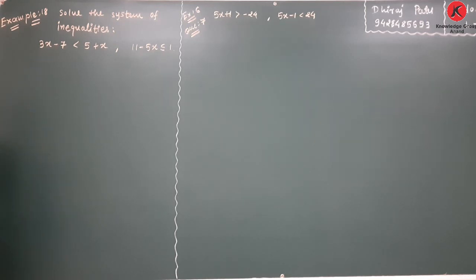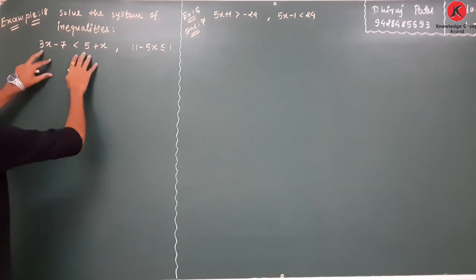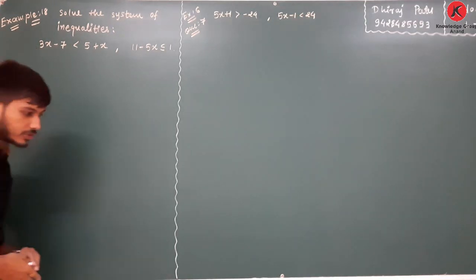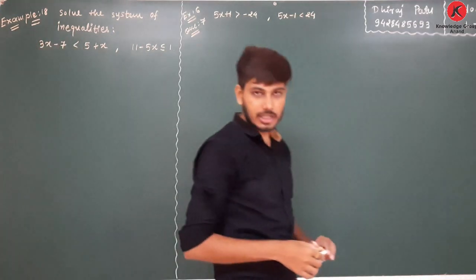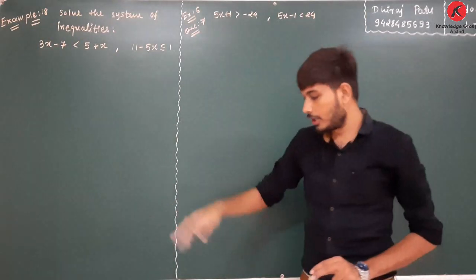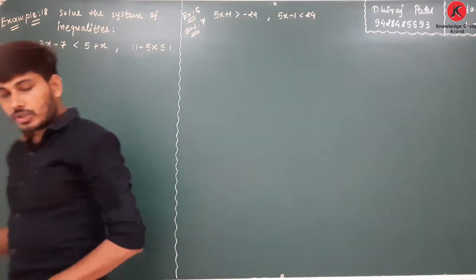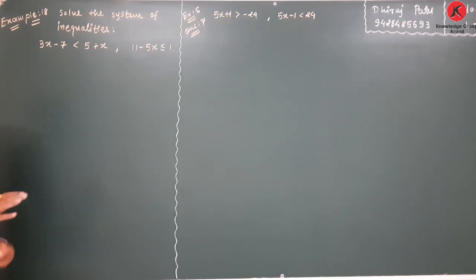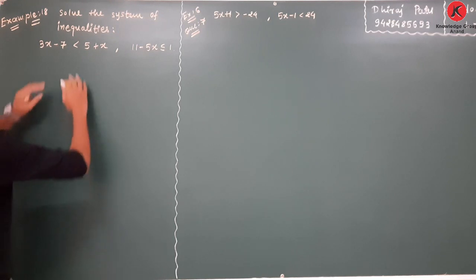Now solve the system of inequalities. This is the first inequality, this is the second inequality. We know how we can solve a system of linear inequalities. If two or more inequalities are given, then we have to take the intersection.